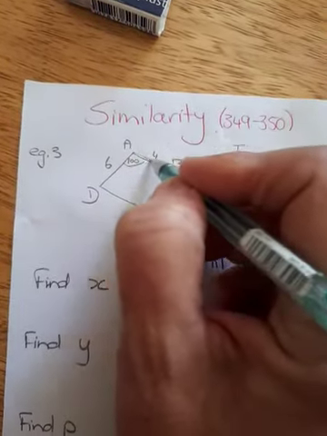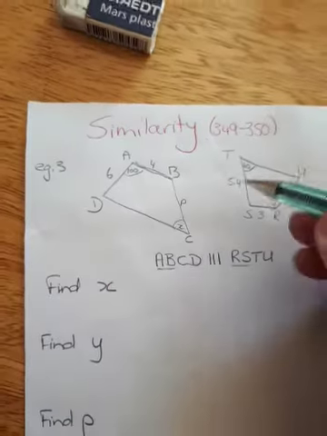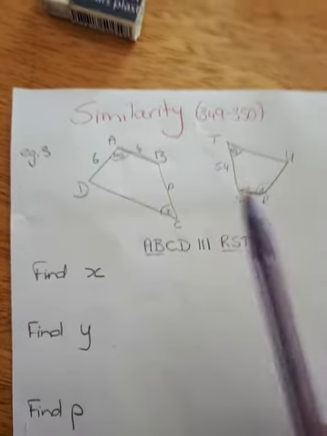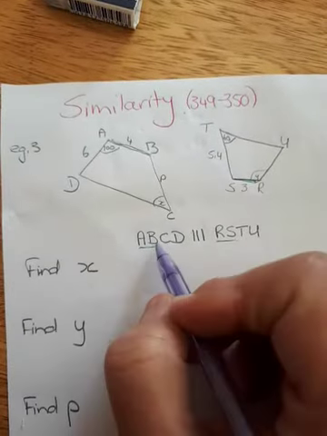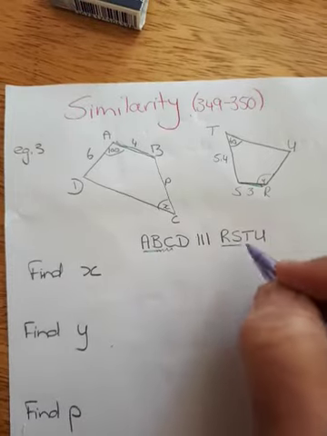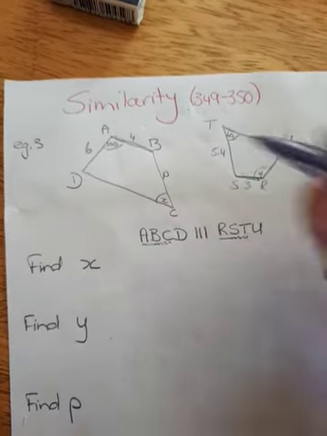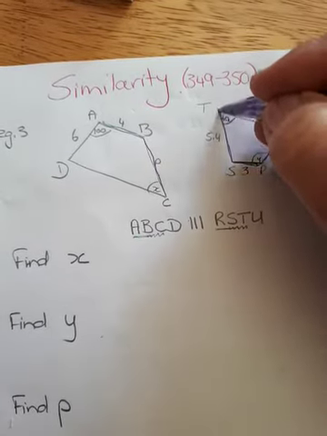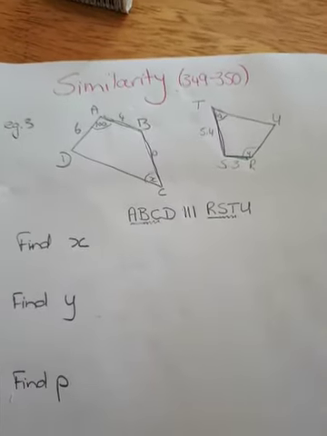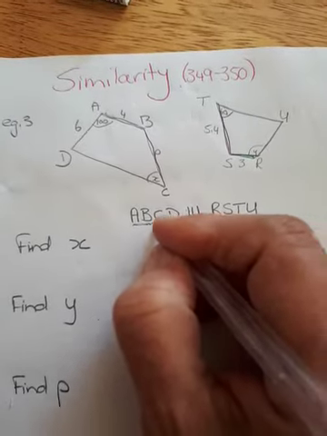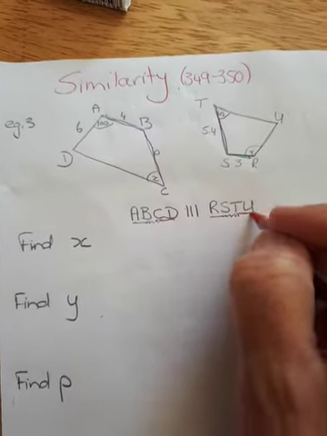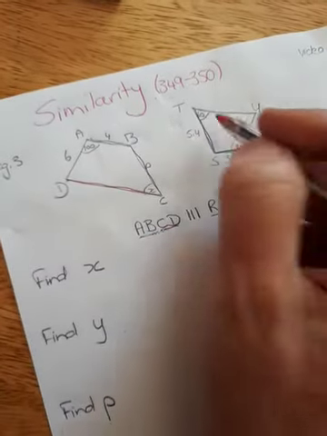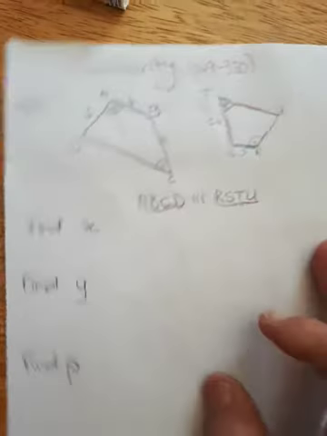So color AB, okay, and color RS, green. Then BC corresponds to ST. Then CD corresponds to TU.